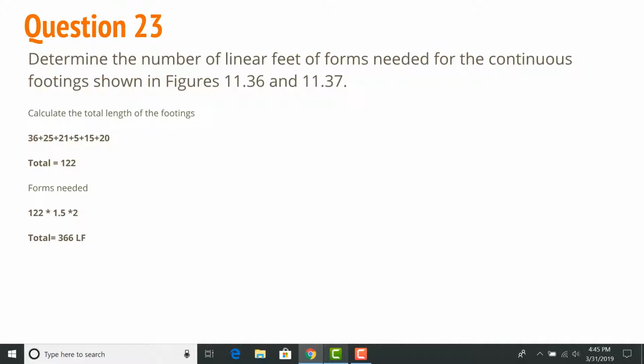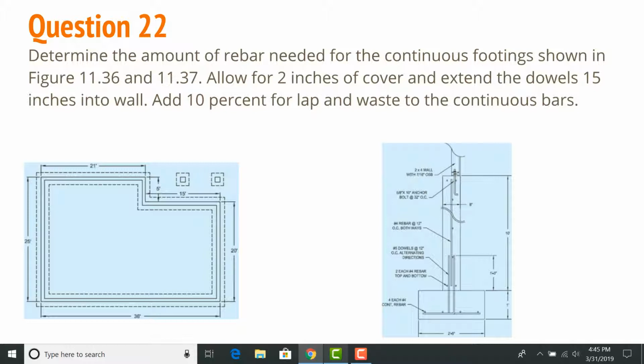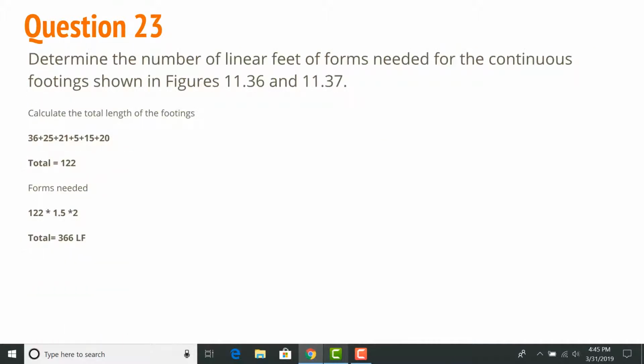Okay, so the third question was determine the number of linear feet of forms needed for the continuous footings shown in figures 11.36 and 11.37. So it's the same figure that we used for our last problems.